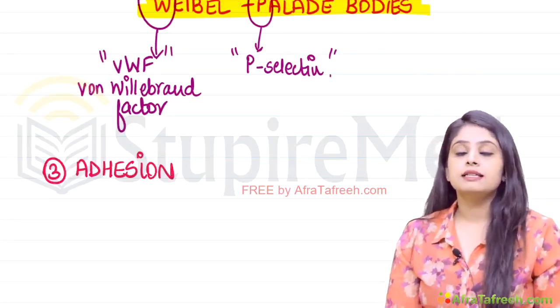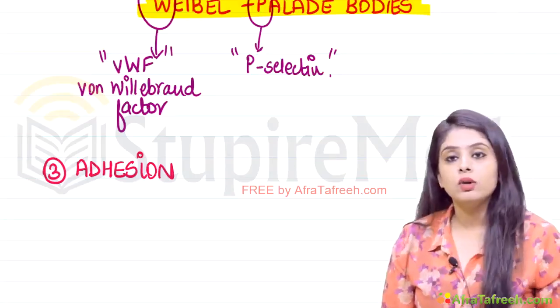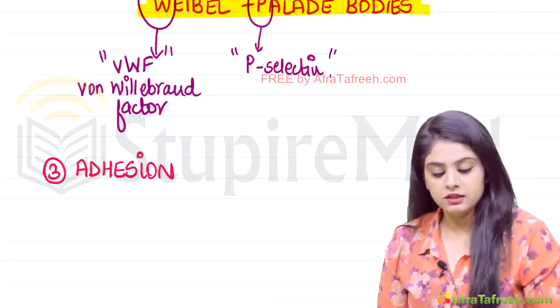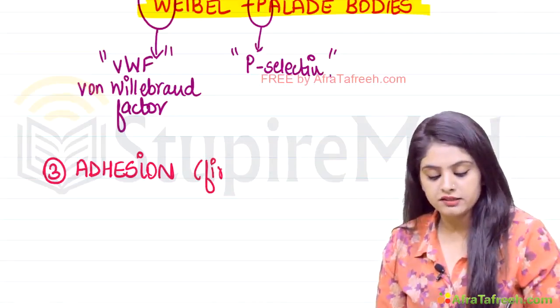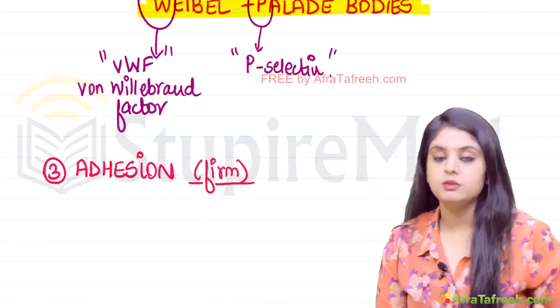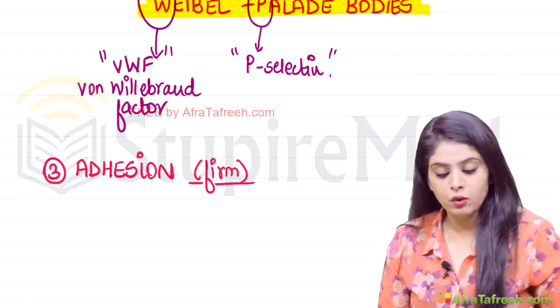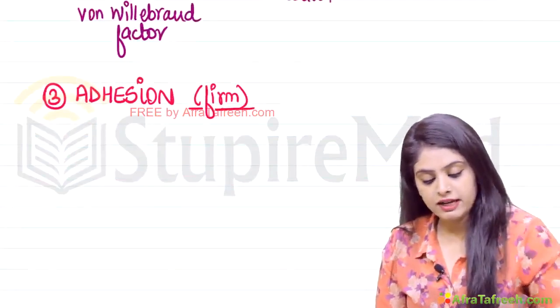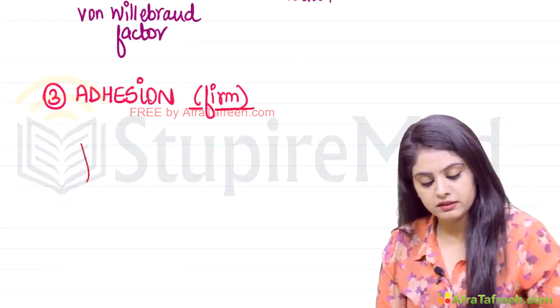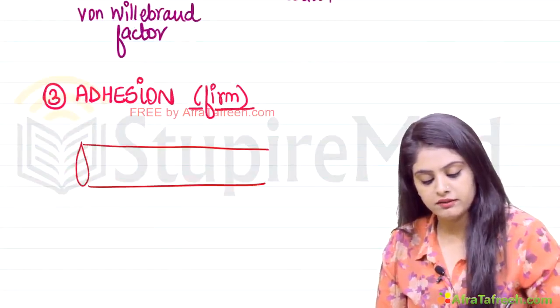Now remember that adhesion was happening alongside rolling also, but that was weak. So for our understanding and simplicity, we are going to call it firm or strong adhesion.